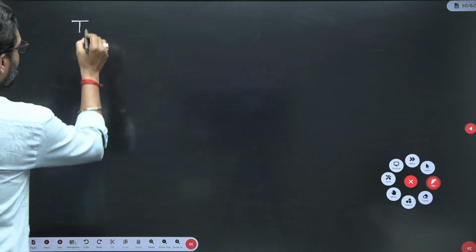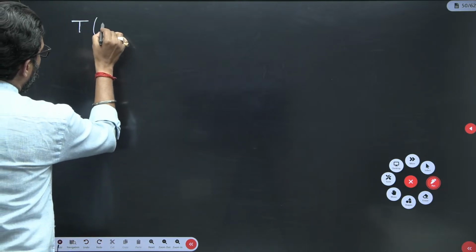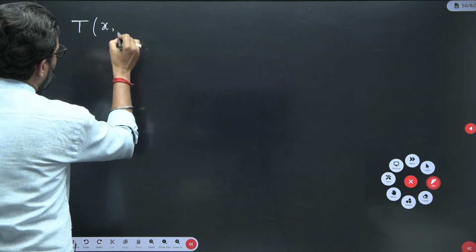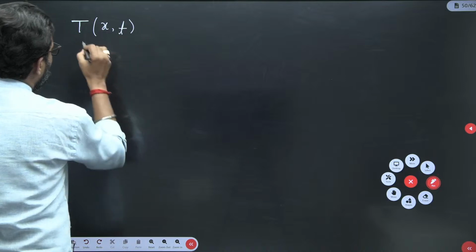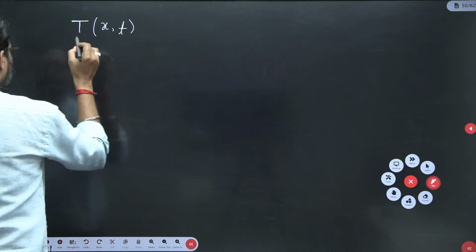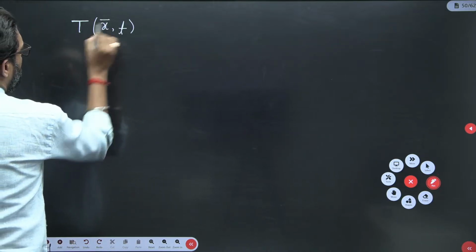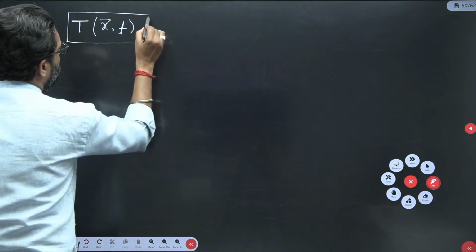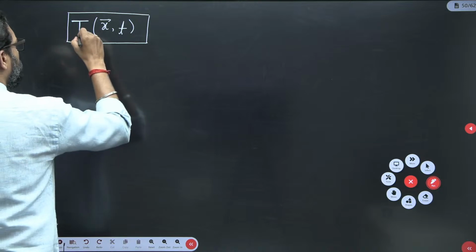So T is a function of x, in any direction, and time t. Here x is the vector, no problem. This is your field. T is your temperature field.